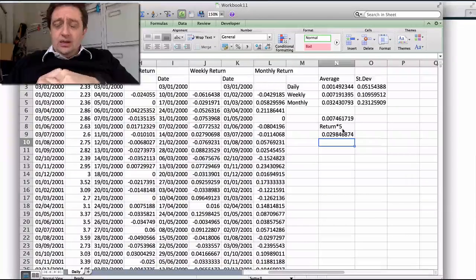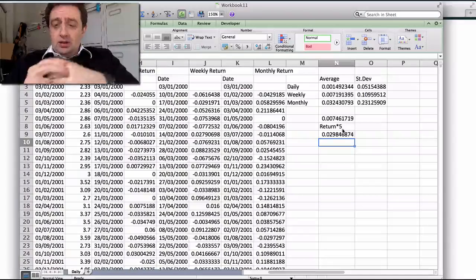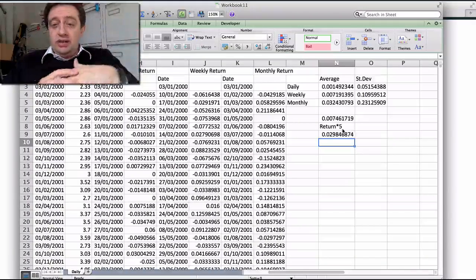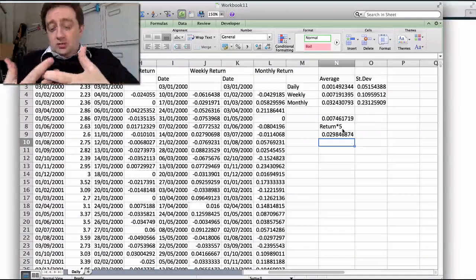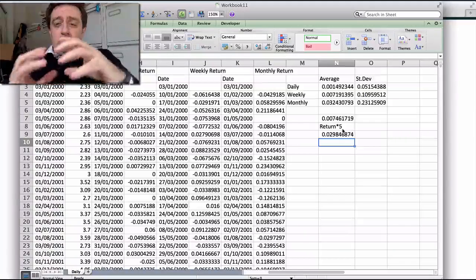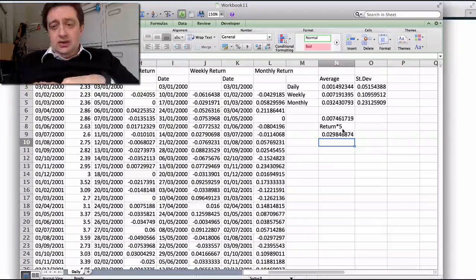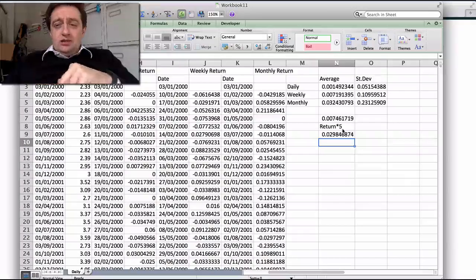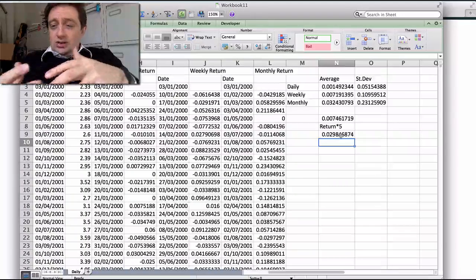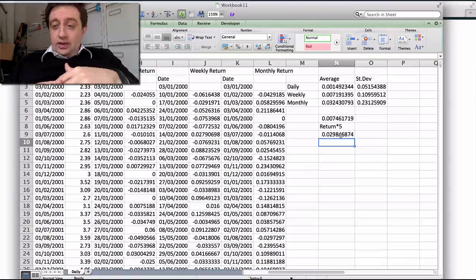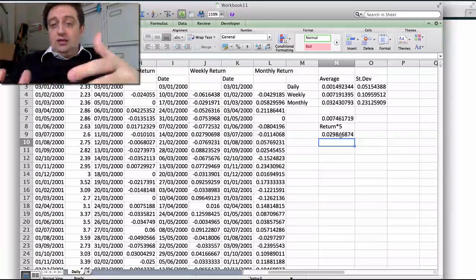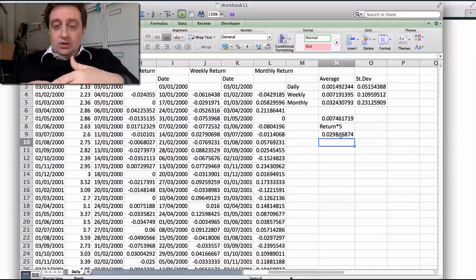And you see here that the average monthly return using daily data is 2.98%, which is fairly close to the real monthly return, which is 3.24%. So that gives us a good observation of the number of days that you have in a month, and then that you can use that to work out the monthly return.